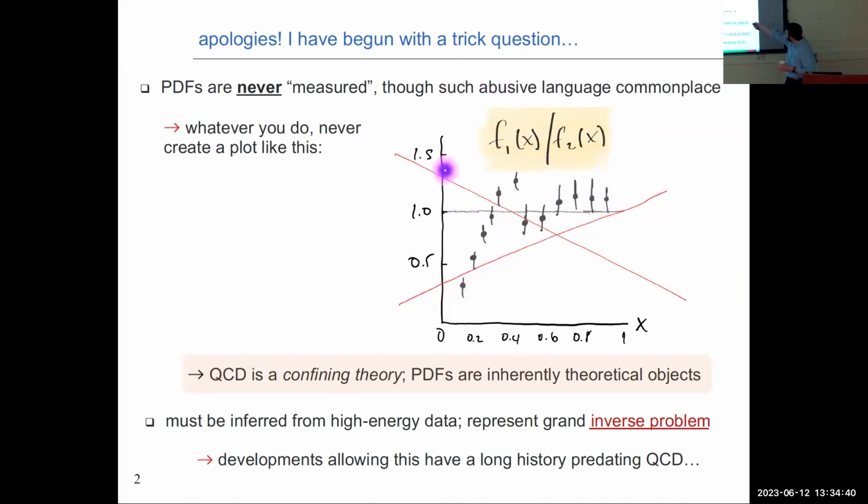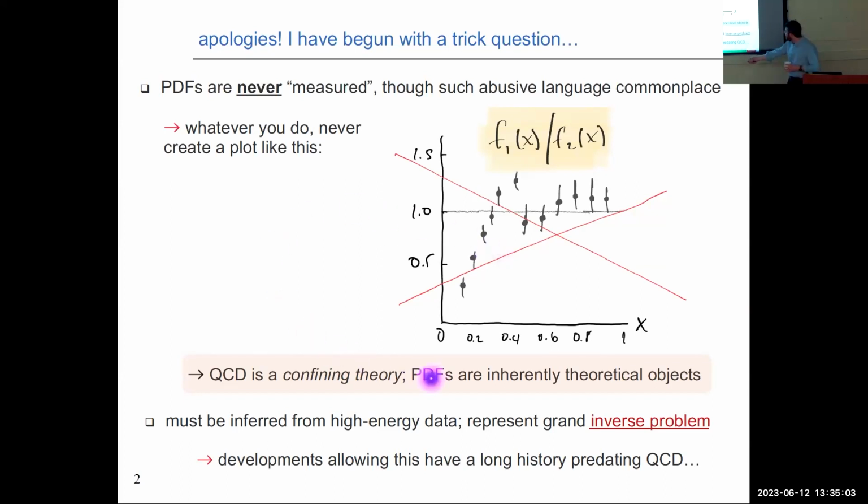But what people will often do is they'll plot a PDF, or in this case, maybe something like a ratio of PDFs, and claim that there's some measurement that actually allows you to unfold this directly, and might even plot data essentially with an uncertainty for the PDFs. So that cannot be done. Don't ever do that.